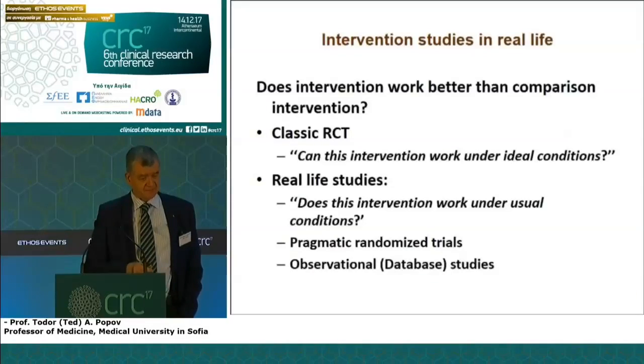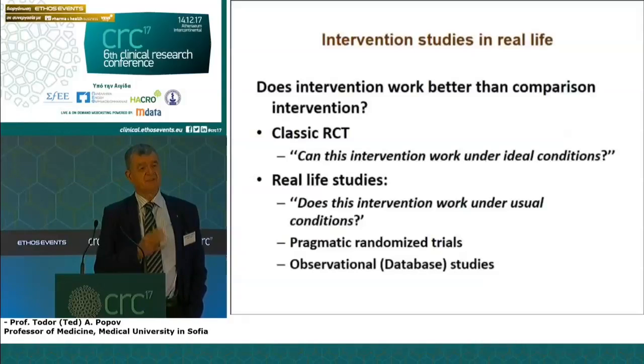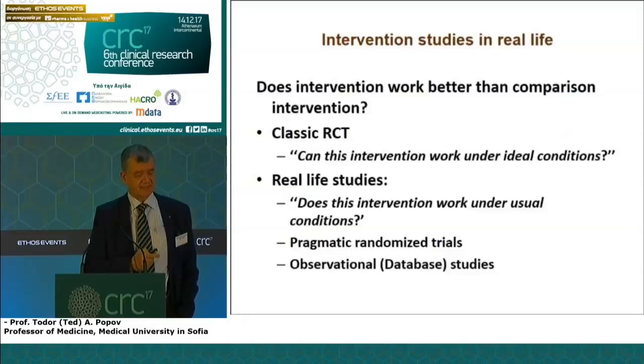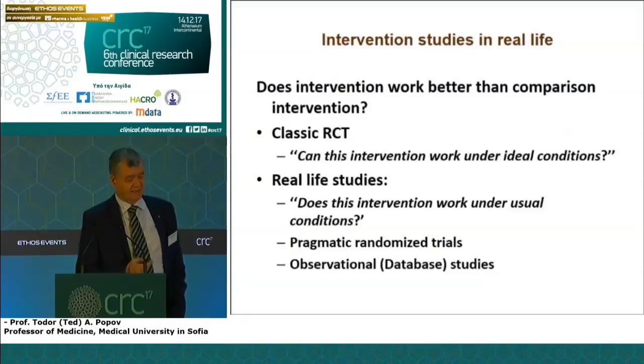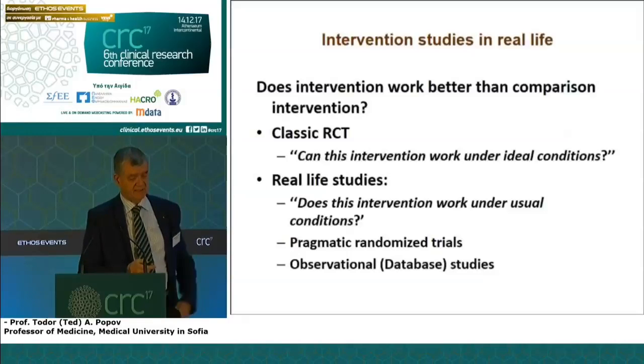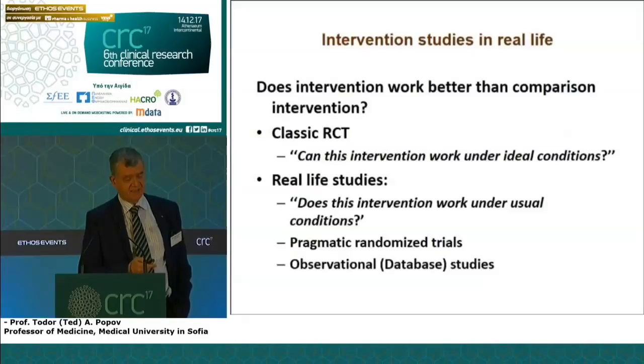So the big difference between the classical randomized clinical trials and real life studies is the questions that you answer. The classical randomized control trials ask whether this intervention works under ideal conditions, while the real life studies ask the question, does this intervention work under usual conditions?